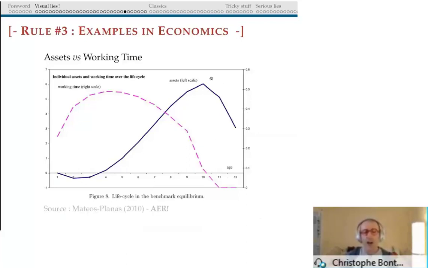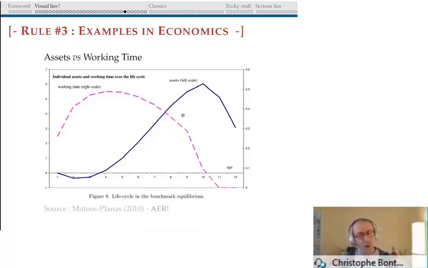I don't know what the message behind that is, but when I see a crossing, I have the impression that something is going on at the age of 8, I mean, 8 years after you enter a firm. That means something. But in fact, since you choose the scale, you choose whatever it will cross. I was very, very surprised that it was published recently in the AER.